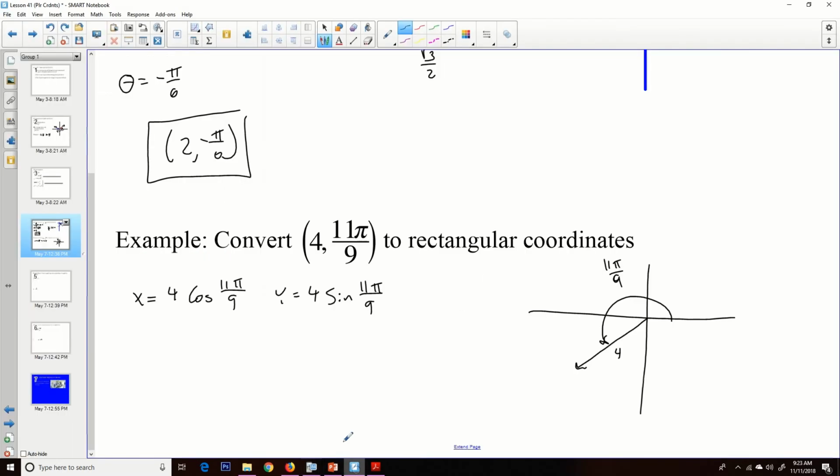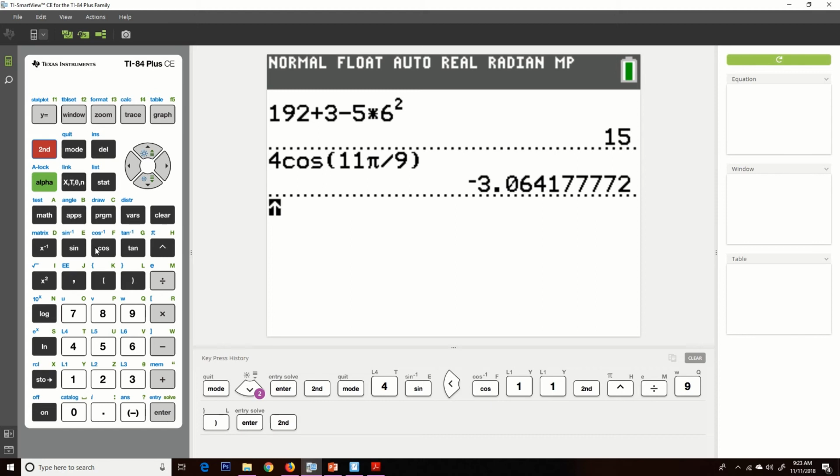So x equals negative 3.064, and then y will equal... let's go second entry, and let's see if we can change it to sine. Maybe that'll be a little bit easier.